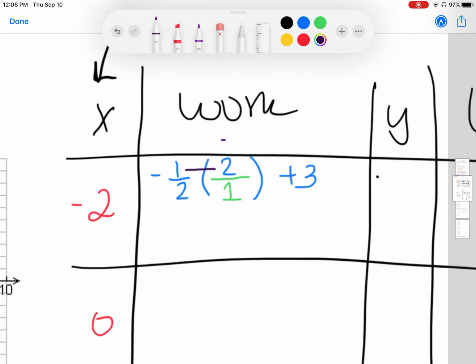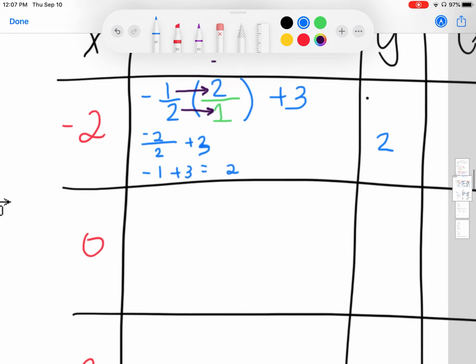So negative 1 times 2 is negative 2, and 2 times 1 is 2. 2 divided by 2 is 1, so we have negative 1 plus 3, we get 2.